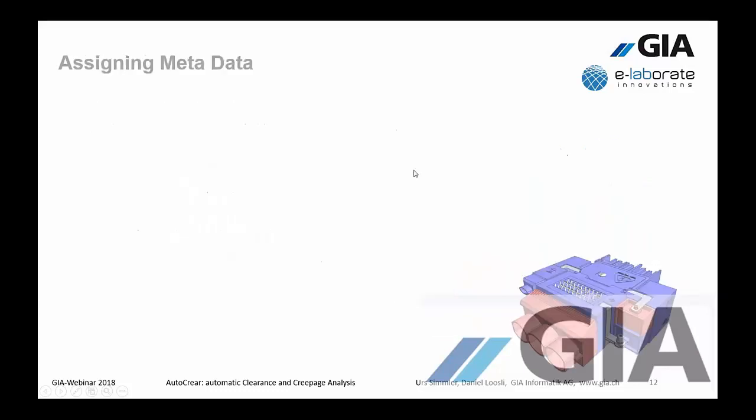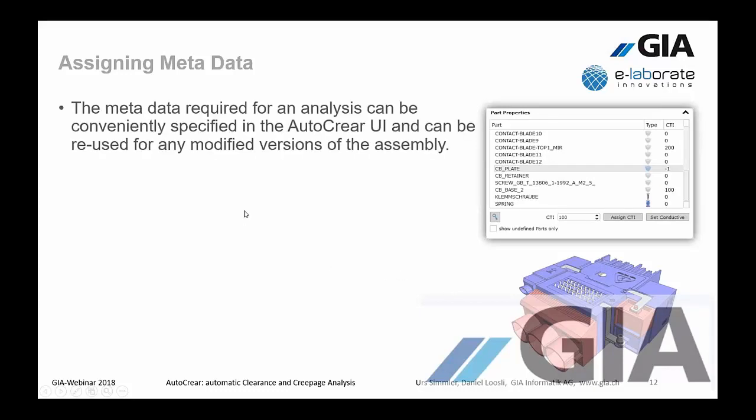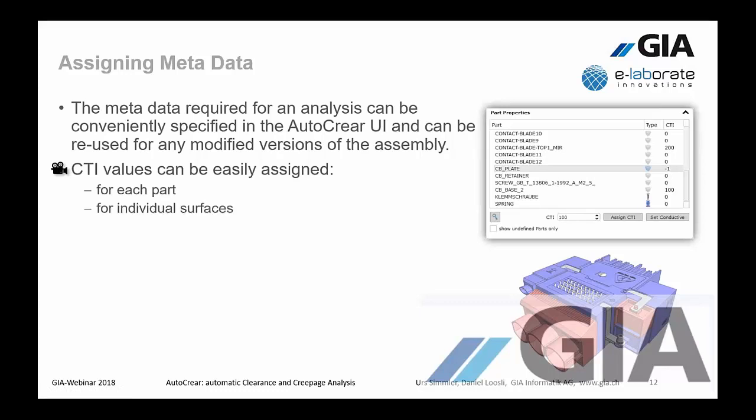Okay, and then the data is right now in AutoCrear. It will be visualized and you get the opportunity to show them with special colors. These colors show you whether the component is conductive or an insulator. Of course, this metadata can be easily assigned to the component for each part, even for some special surfaces.